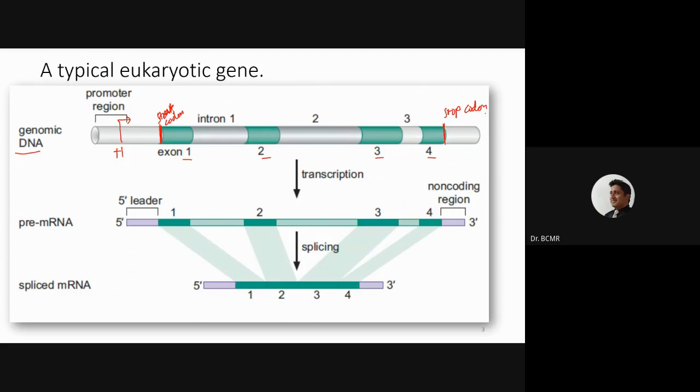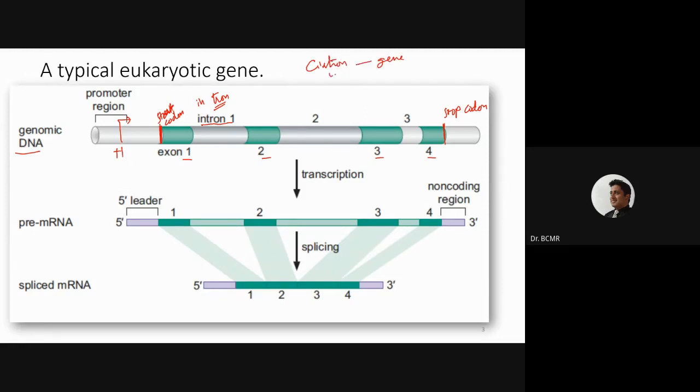You don't have to think about start codon and stop codon now, because we are not discussing translation at this point. But these are intervening sequences. The term intron is taken from cistron. You know, cistron is something like the gene.